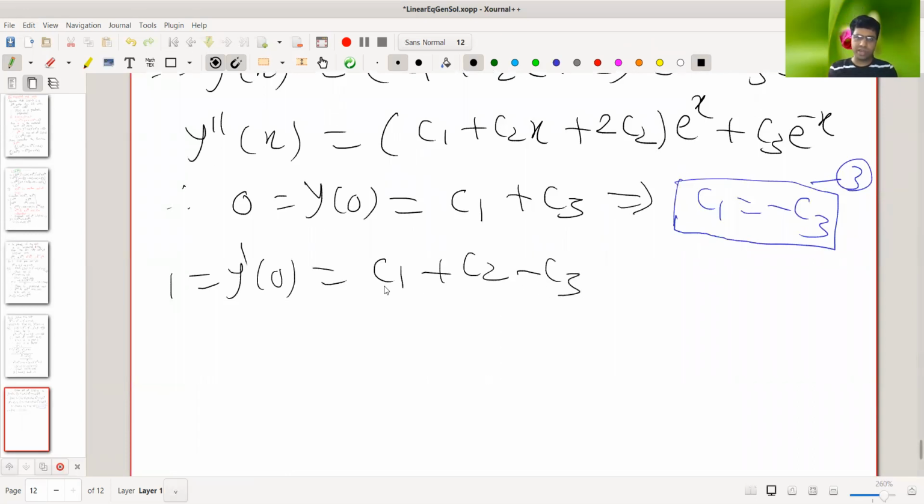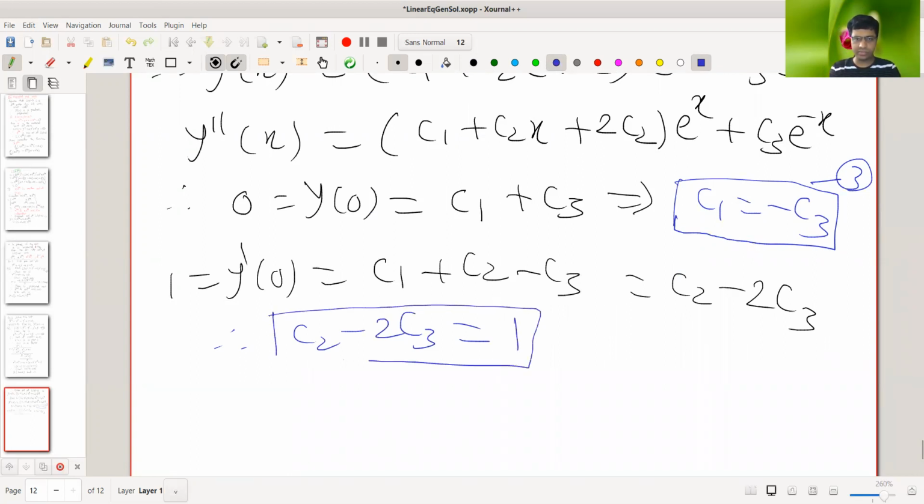Now C1 is minus C3, so this is C2 minus 2 times C3. And this is our second equation. Therefore, C2 minus 2C3 equal to 1. This is the next relation.